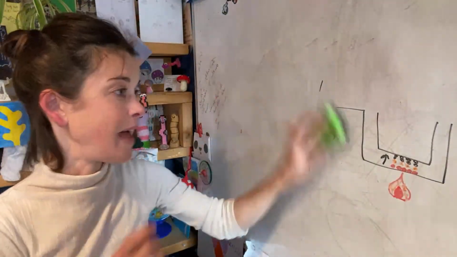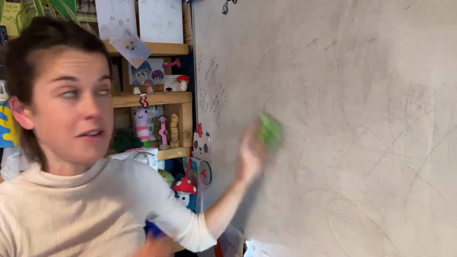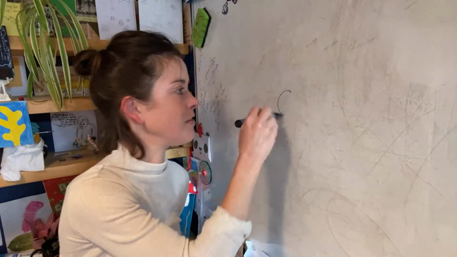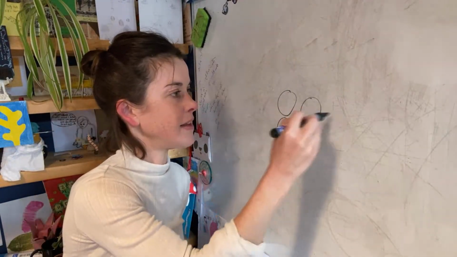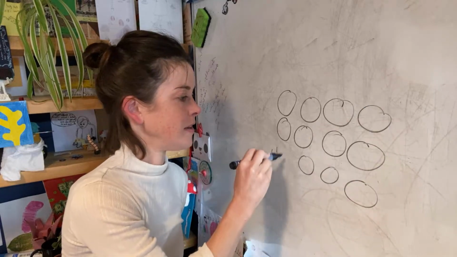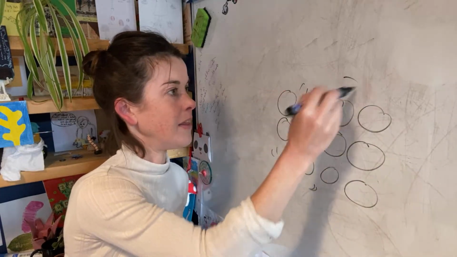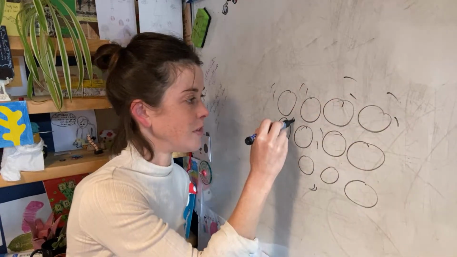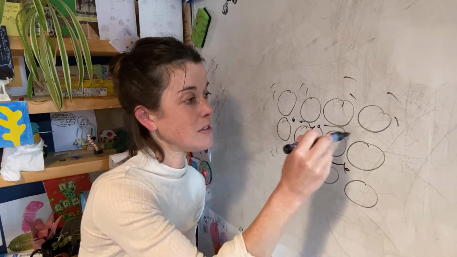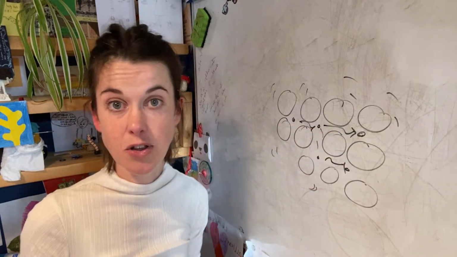Because we talked about how electricity is just charged particles flowing, and metals are really good at allowing electricity to flow through them, because as well as having these particles, like all solids do, sort of fixed in place, vibrating on the spot, they've also got these little free negatively charged particles which can zip around, and that makes them good at conducting electricity, but it also makes them very good at conducting heat.